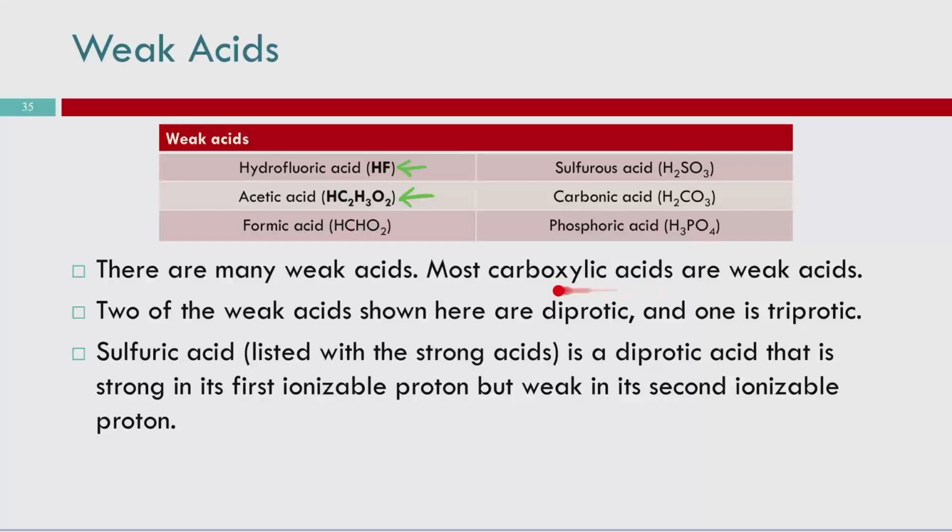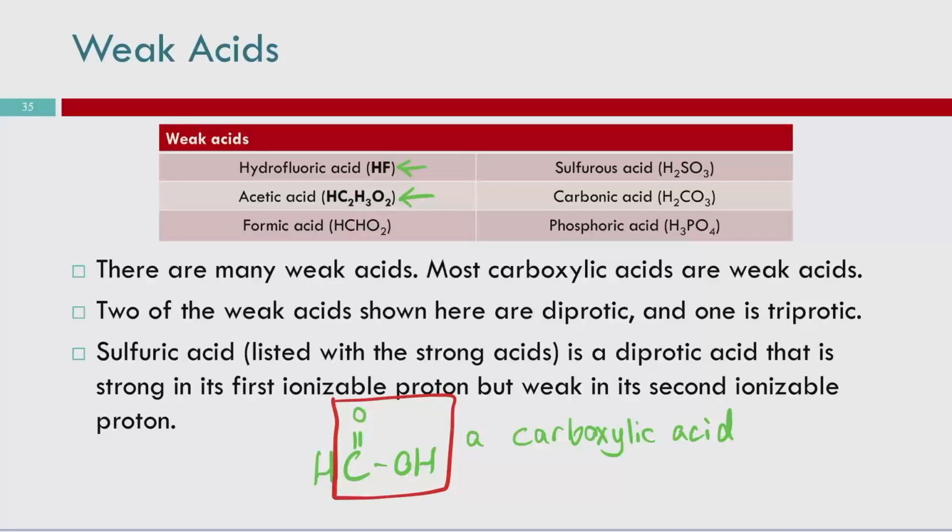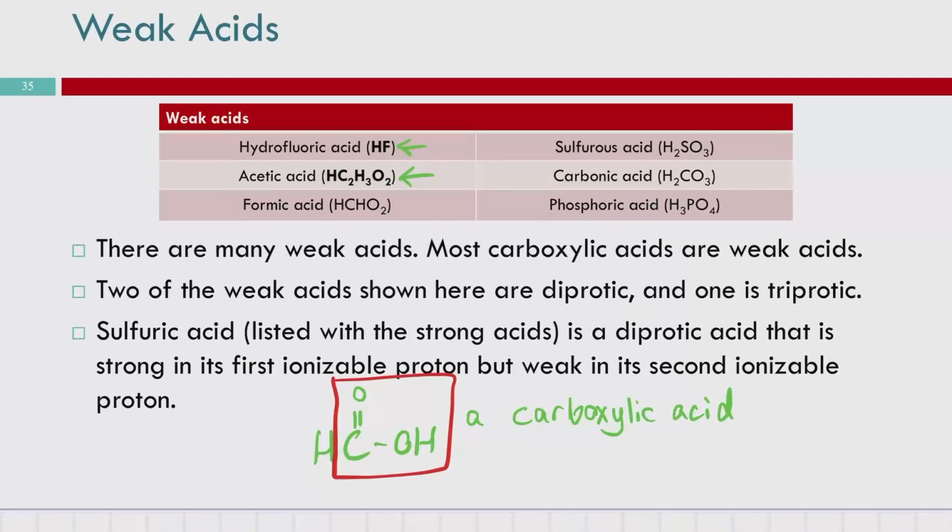Most carboxylic acids are weak. Carboxylic acids are like the example that we saw before with formic acid, which was this thing. You don't need to know what a carboxylic acid is for the class, but just in case you were curious what it is, it's that structure of the acid.